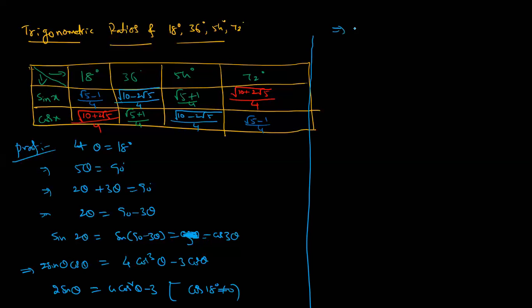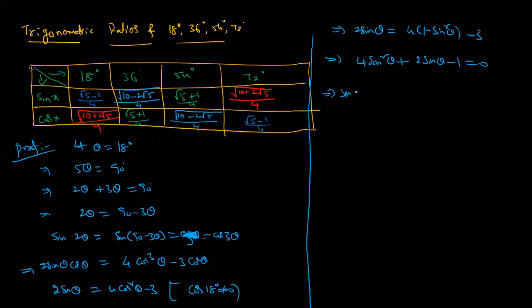What is the next step? 2 sine theta is equal to 4 into (1 minus sine square theta) minus 3. So what quadratic equation is coming? 4 sine square theta plus 2 sine theta minus 1 is equal to 0. Which is a quadratic equation, dear students.